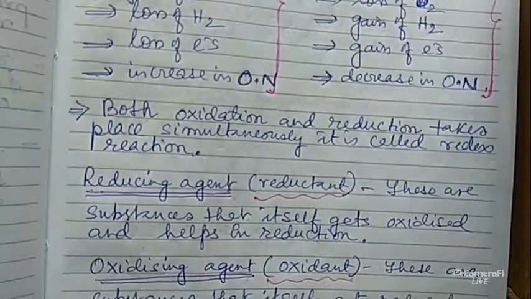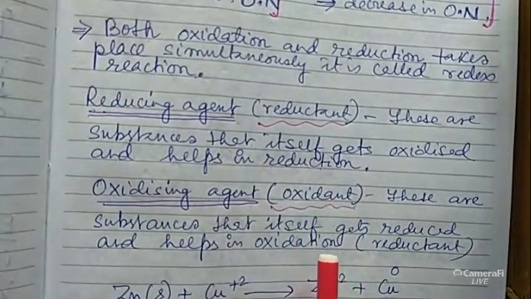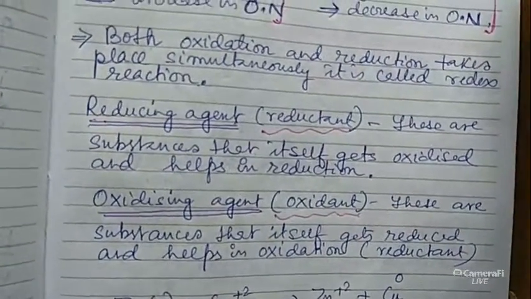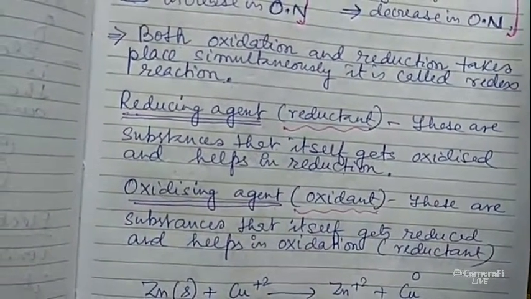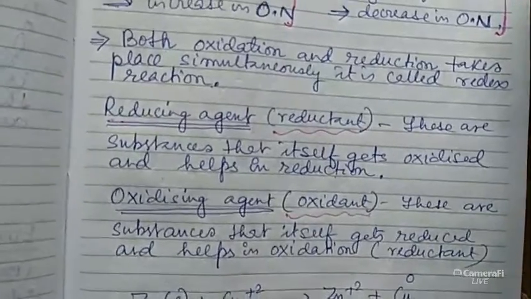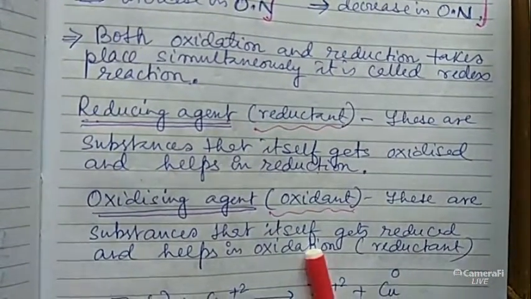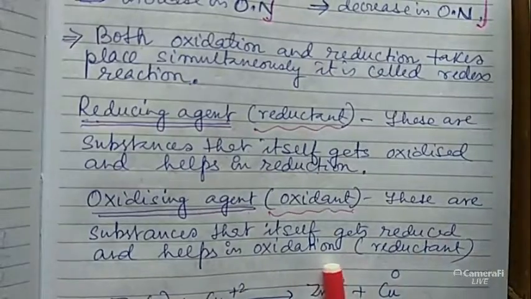Oxidizing agent or oxidant, these are those chemical substances that itself get reduced and help in oxidation.